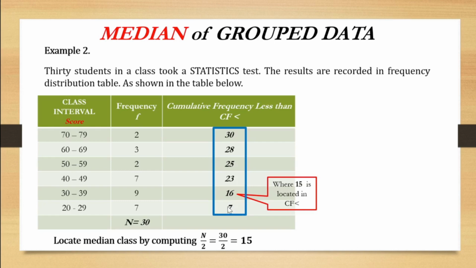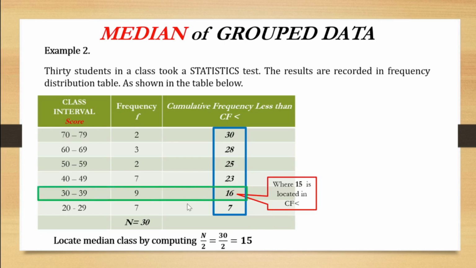Because 7.1 belongs to 16, 16.1 to 22 belongs to 23, 23.1 to 24 belongs to 25, 25.1 to 27 belongs to 28, and 28.1 to 29 belongs to 30. So we can say 15 belongs to 16. Then we can conclude that this is our median class.